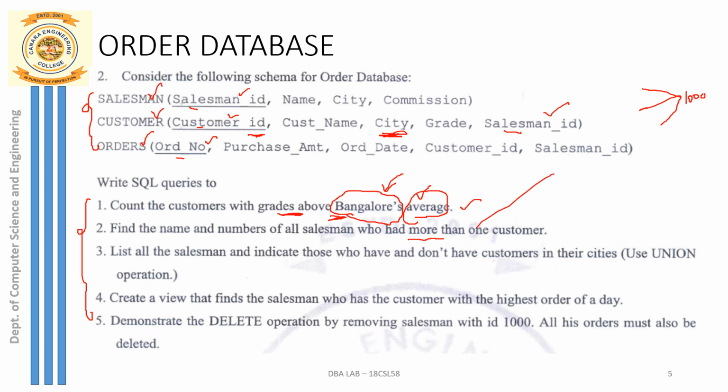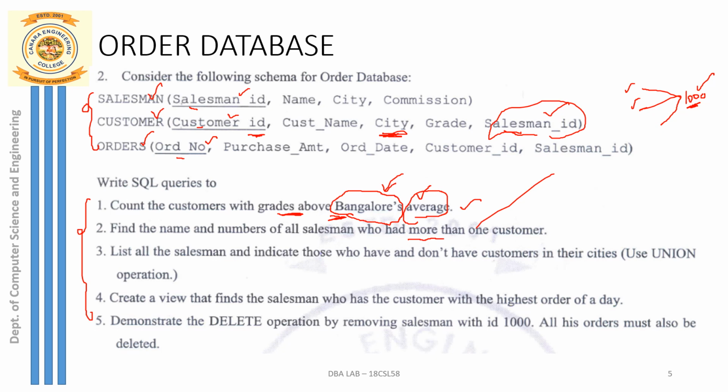So here I need to have entries into my customer table in such a way that at least one salesman should be serving 2 customers or more than 2 customers. Okay, so such entries we need to have in the customer table. And then one more thing you have to notice here, in my customer table I have the salesman ID attribute as a foreign key. What is the meaning of foreign key?